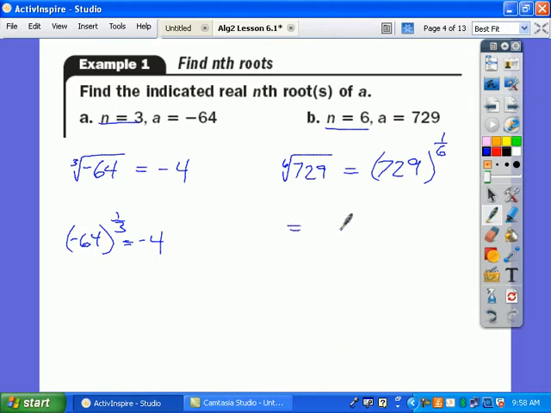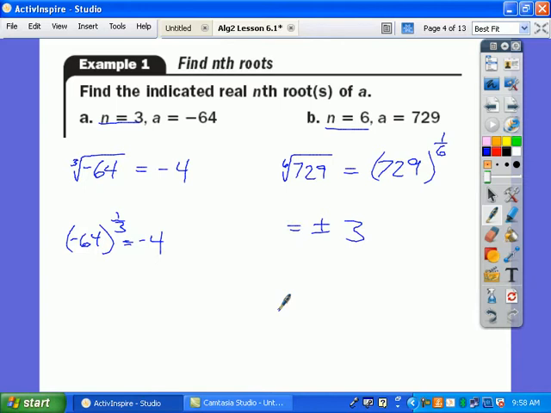So the answer here is plus minus 3. And you should verify that. 3 to the 6th power, 3 times 3 times 3, all the way out, gets us to 729.